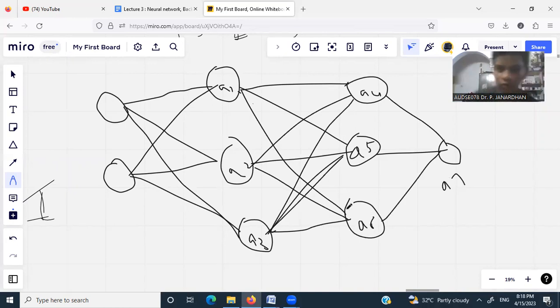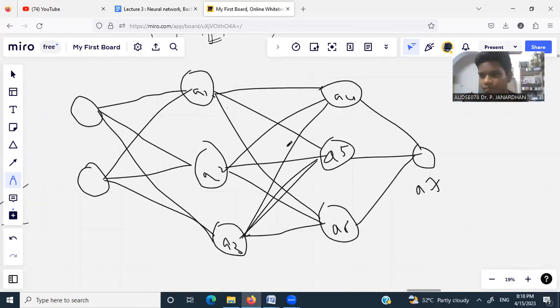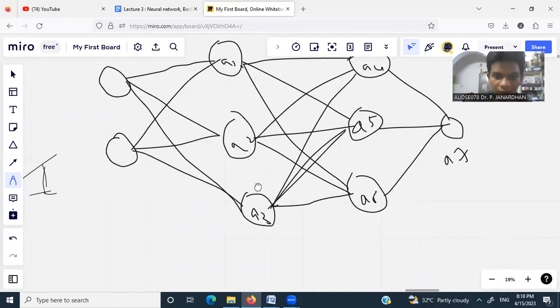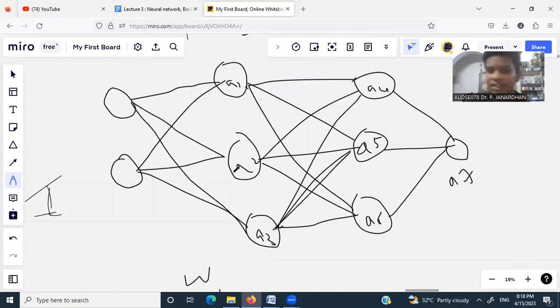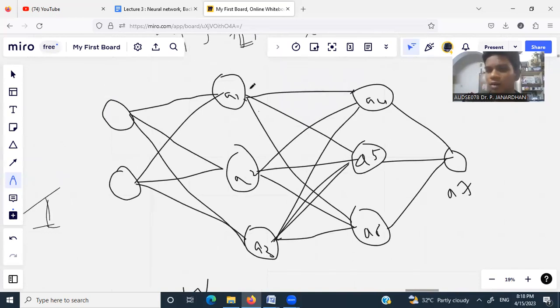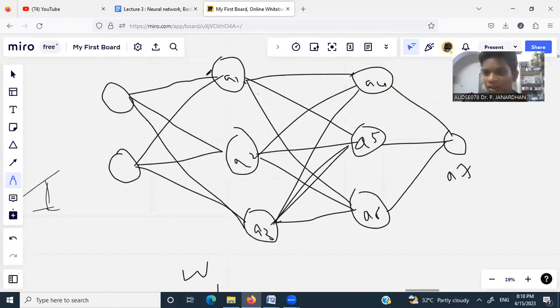Let's say I want to update the weights of the A1 neuron. For simplicity, let's say we have only one weight, W1, and we want to update this W1 such that the loss function, that is the difference between A7 and the actual output, is as small as possible.